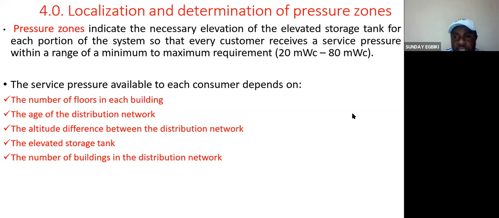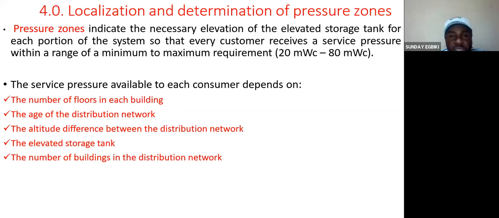At this point, I once asked a consultant, and the consultant said in an estate, they have two overhead tanks. One is at 12 meters high, the other one is at 8 meters high. I asked a question. I said, why did you decide to use two overhead tanks? Why not one?